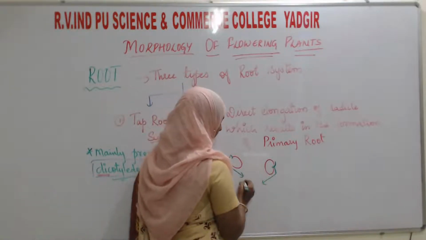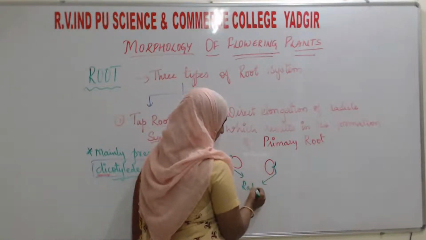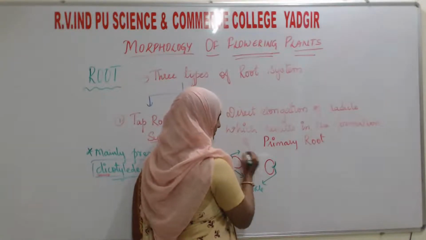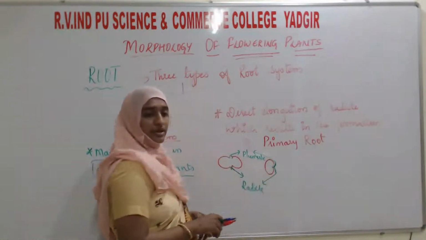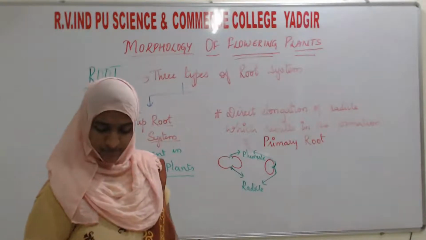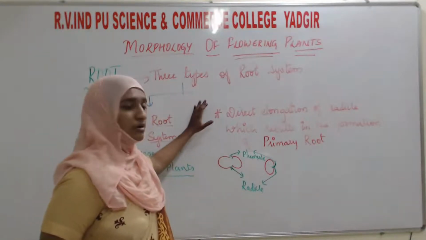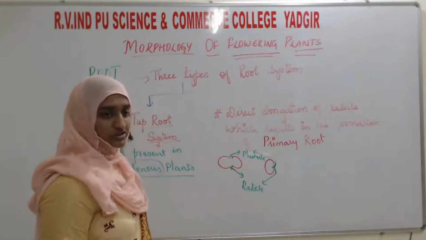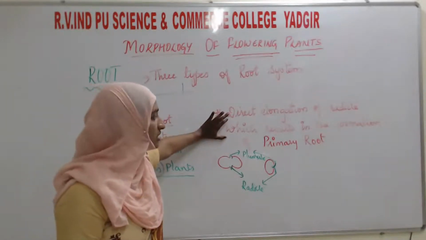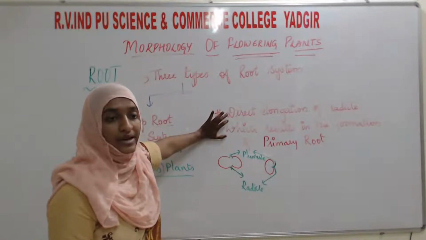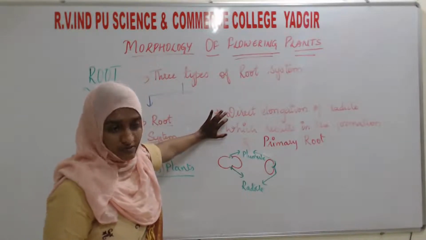This is the radicle, and this is the plumule. So in the taproot system, direct elongation of radicle results in the formation of primary root.